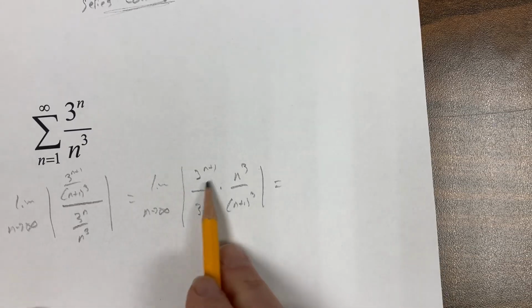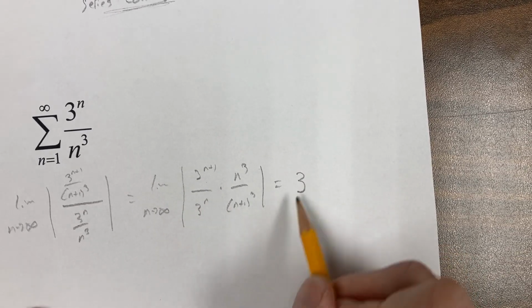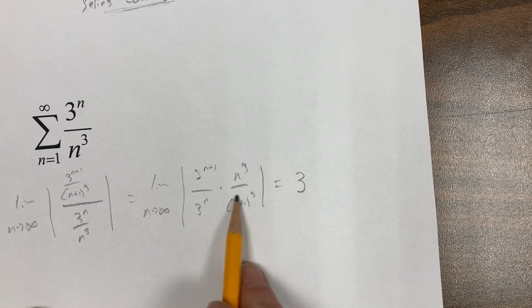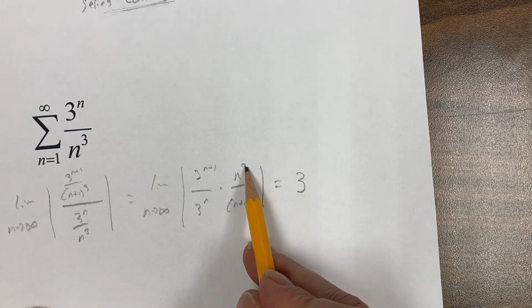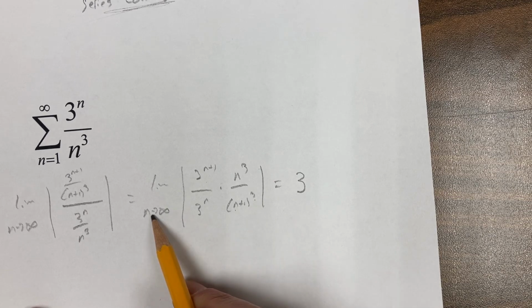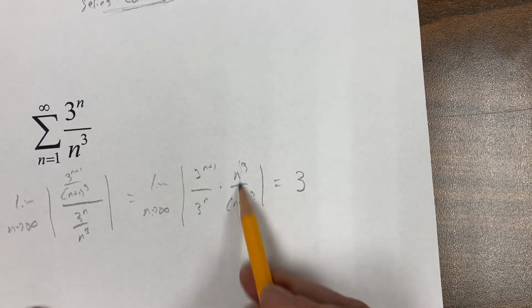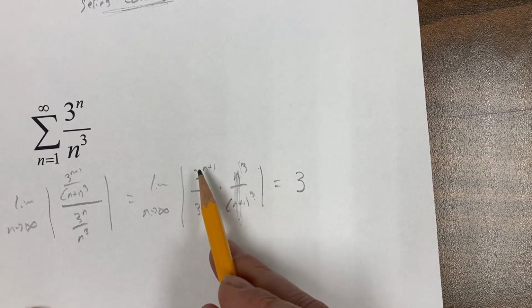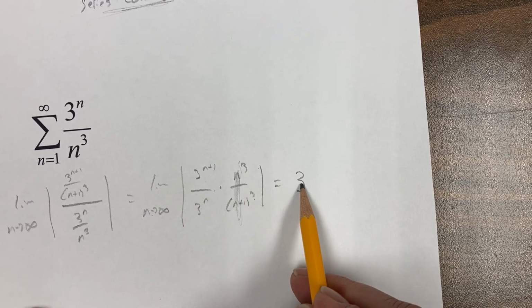Now this is going to give us 3, and then this is going to have n cubed over n cubed, and if we let n go to infinity, this part will equal 1. So we're going to get 3 times 1, or 3.